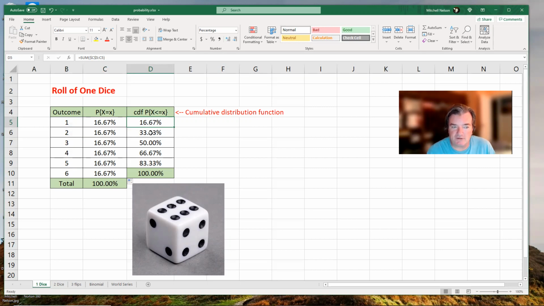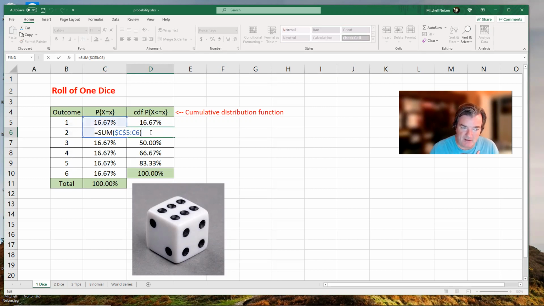If you wanted to know what is the probability that it's either 2 or less, that's really the probability that it's 2 plus the probability that it's a 1. So the formula for this is the sum of all the values all the way back down to 0.